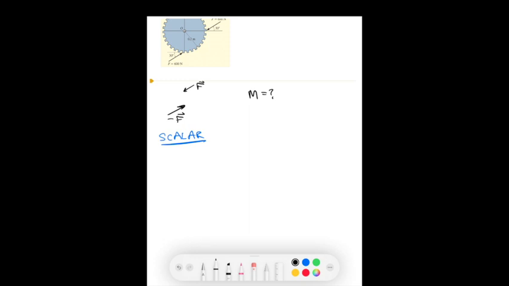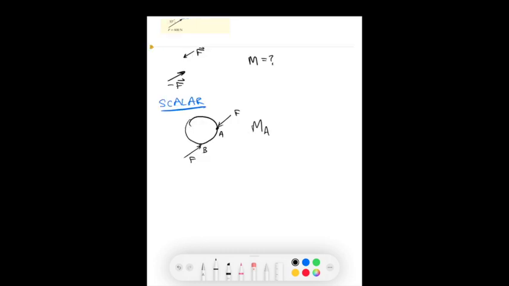Remember, with a couple moment, we can break the forces into their components and choose any point. So what I'll do is I will choose this point, and I'll call it point A. I'll call this point B. So I will choose to do it about the point A, because that way I can ignore this force.